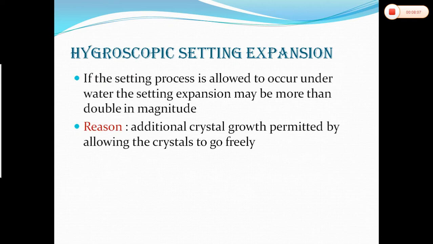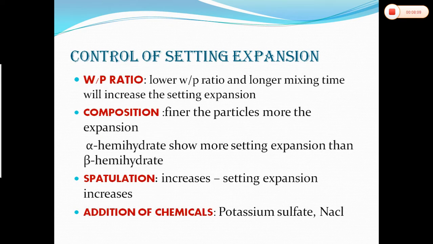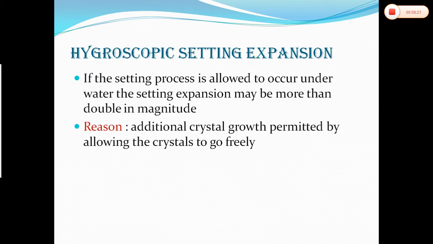Now, the expansion we are talking about is commonly termed normal setting expansion. As we see, expansion happens in all the gypsum products, so this is known as normal setting expansion. The same expansion can take place underwater. If expansion takes place in the presence of water, it is known as hygroscopic setting expansion.